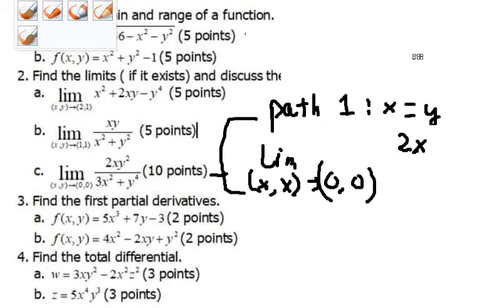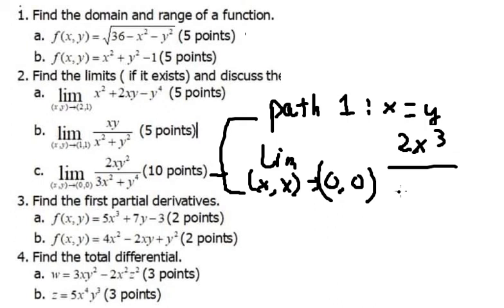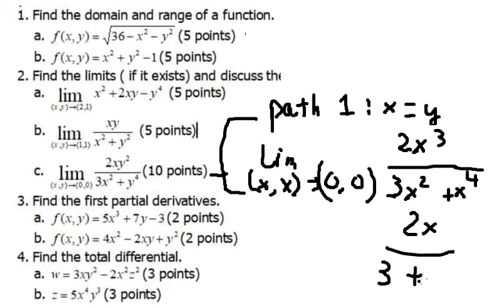And we have 2x to the power of 3 over 3x squared plus x to the power of 4. We simplify this one, and you got 2x over 3 plus x squared. We put 0 in here, you got 0.